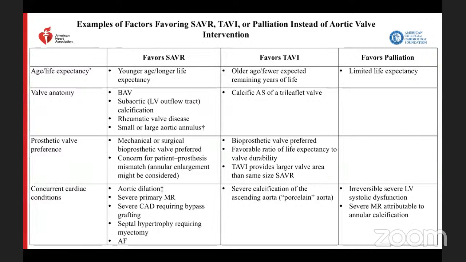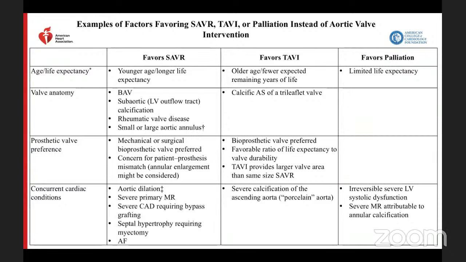Even if you don't need to do annular enlargement, if you measure it and it is small, but not small to the extent that will cause patient prosthesis mismatch, you have to think: okay, I will give him TAVI. If I put valve in valve or another valve in valve, at that time, when he's old, I may need to do a surgical explant of the TAVI and put a surgical valve. You get the point? You need to think ahead about what will happen.